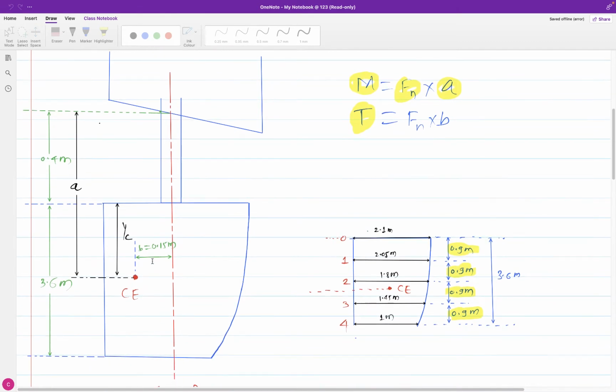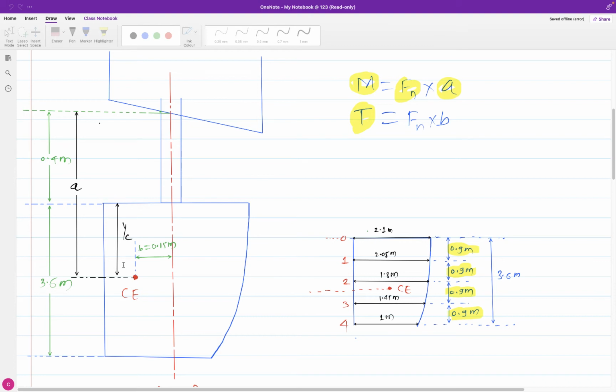Now we need this position YC from the top. If you observe this drawing, a will be equal to 0.4 plus YC. To get M, we need Fn and a, and small a will be equal to 0.4 plus YC.